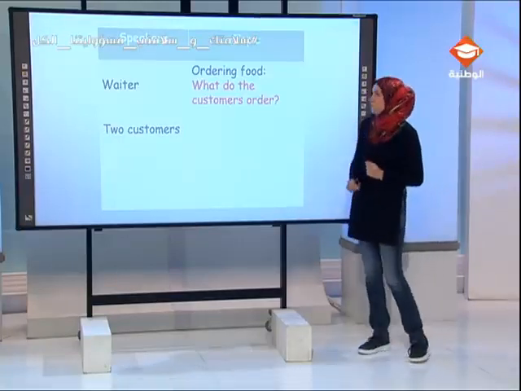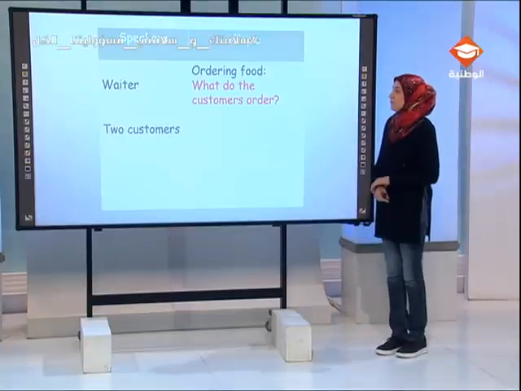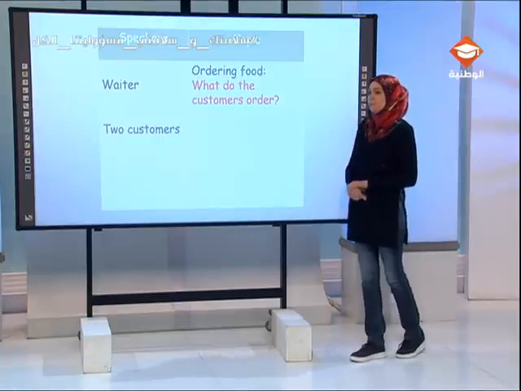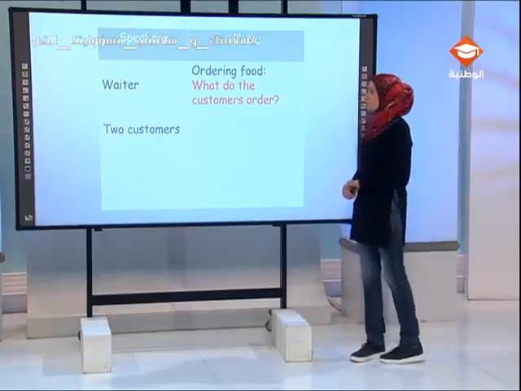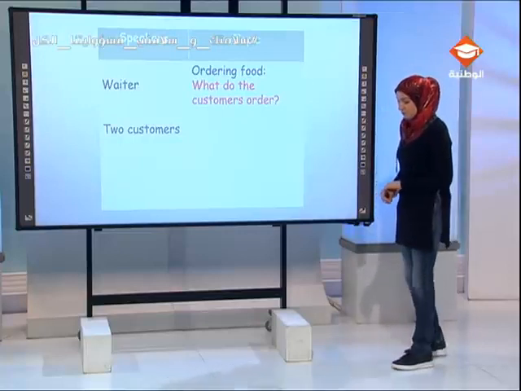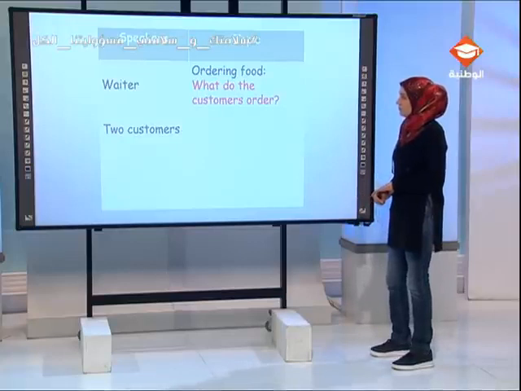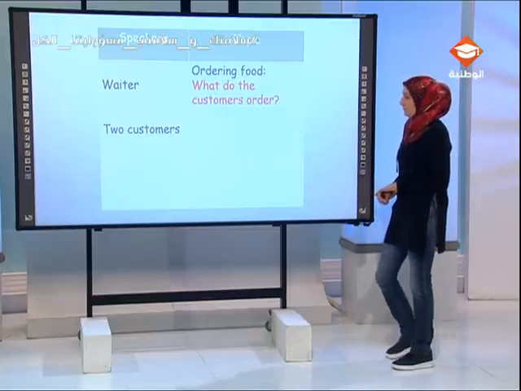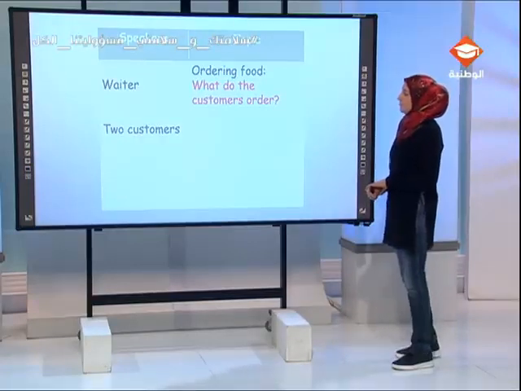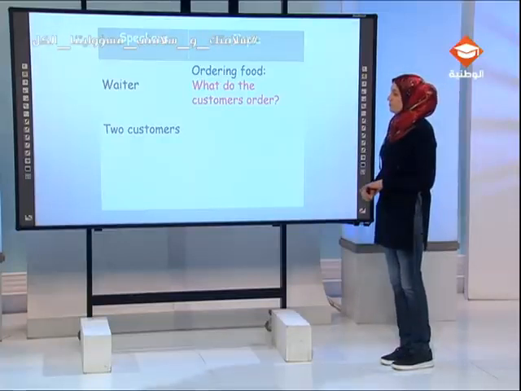Hi, a table for two, please. Of course. Over here, please. Is the menu? Thank you. Are you ready to order? Yes, we are. What would you like for your starter? I'd like French onion soup, please. And I'll have a tomato salad, please. And for your main course?